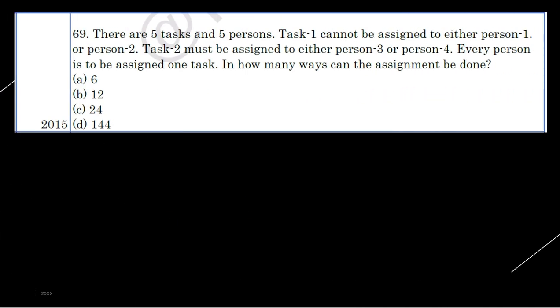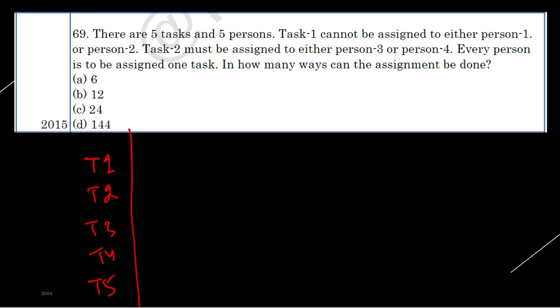There are 5 tasks and 5 persons. So there is task number 1, task number 2, task number 3, task number 4, task number 5. And again, they are not going to ask you direct application of a combination or permutation. Counting principle is very important.